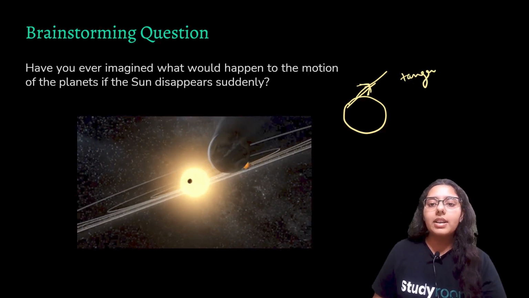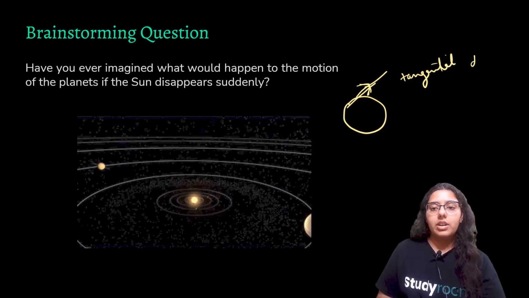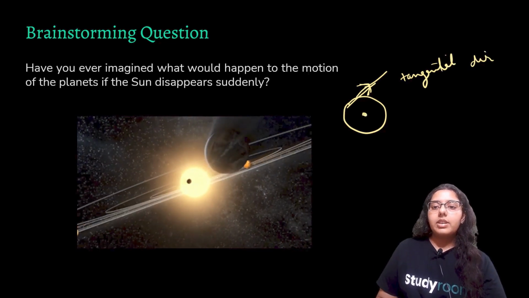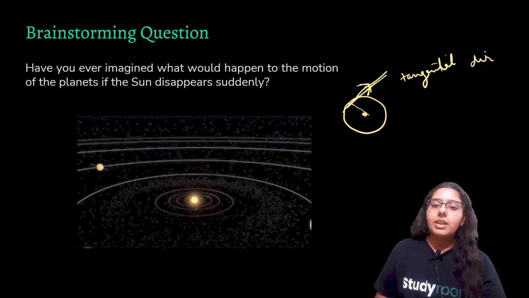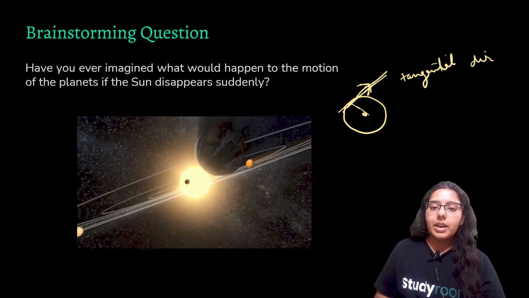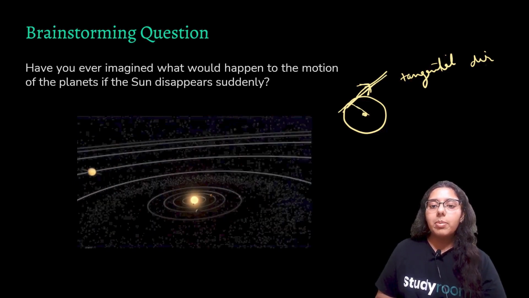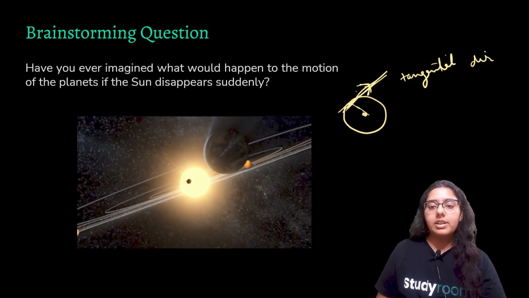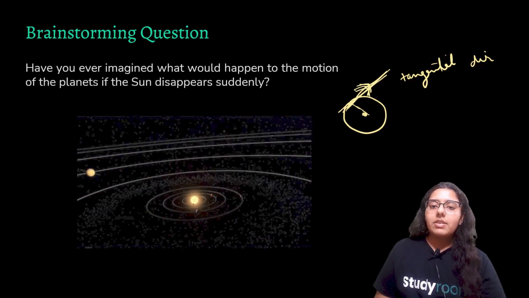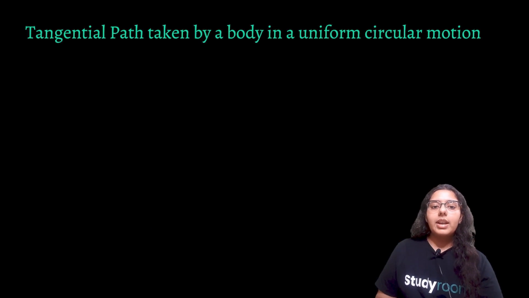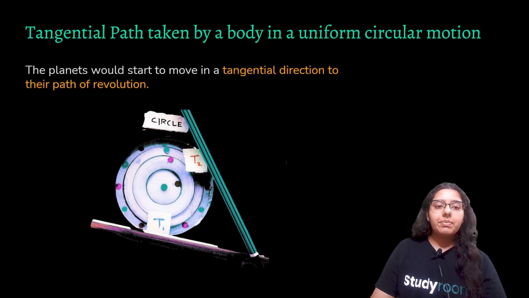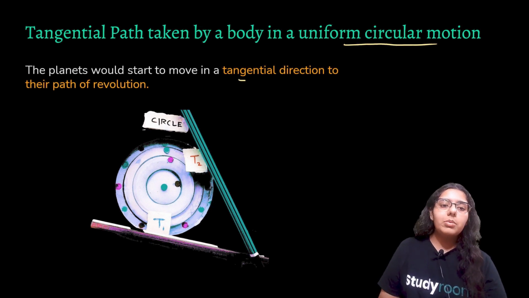So the tangential path is taken by a body in uniform circular motion. Planets would start to move in a tangential direction to their path of revolution, perpendicular to the radius of the circle at any point. Once the sun disappears, there is nothing to attract the planets and they are released, right?